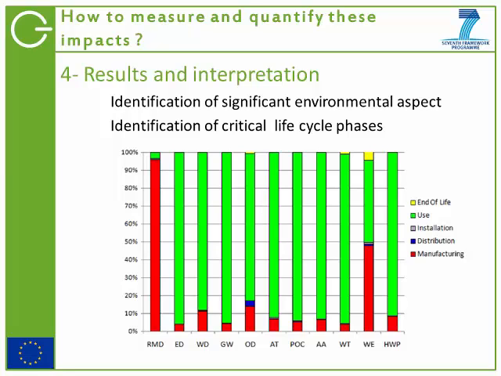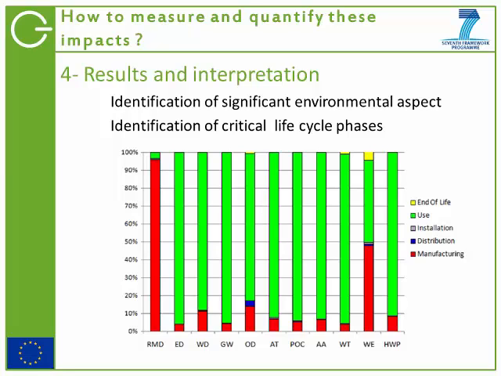We can see here the result of the assessment for an electronic product. The use phase is the main contributor to 10 out of 12 indicators. The other two are dominated by the manufacturing phase. This assessment tells us that the use phase is a critical life cycle phase, and based on the breakdown of the analysis, that energy consumption during the use phase is a significant environmental aspect, an environmental hotspot.